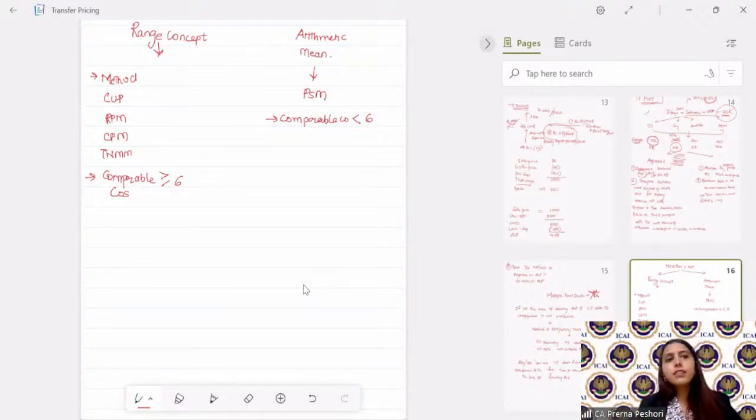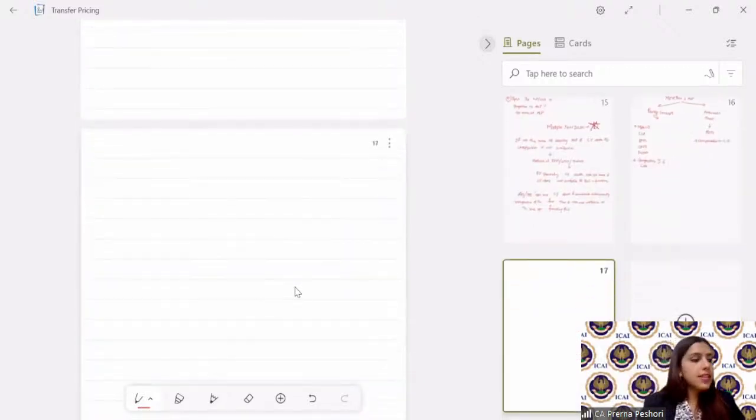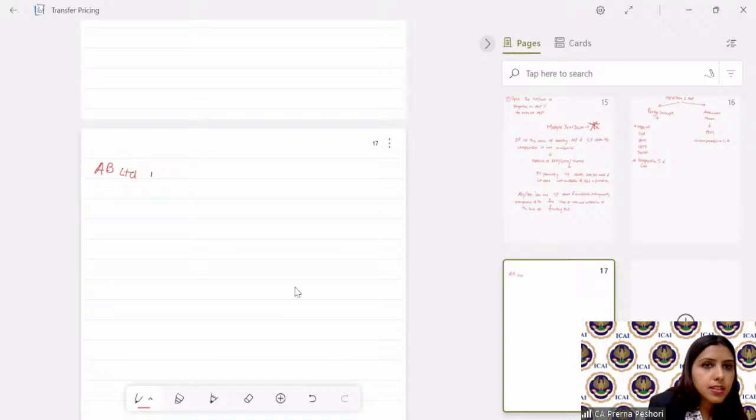Now let's first discuss the range concept. How do we calculate the range? Understand this. Say for example, there is an Indian company, say AB Limited. It is a subsidiary of, say, AB Inc. US.